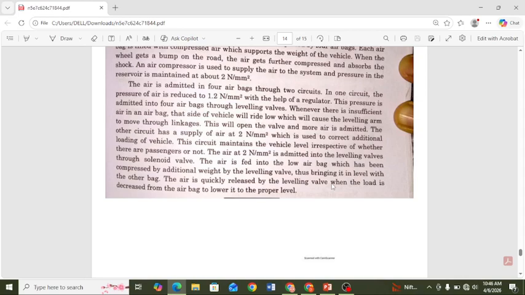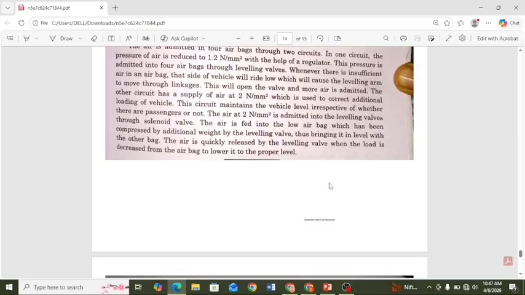This 2 Newton per meter square air is admitted into the leveling valve through the solenoid valve. This air is fed into the low airbag, which has been compressed by the additional weight, bringing it level with the other bags, and the air is quickly released by the leveling valve from the bag to lower it to the proper level.